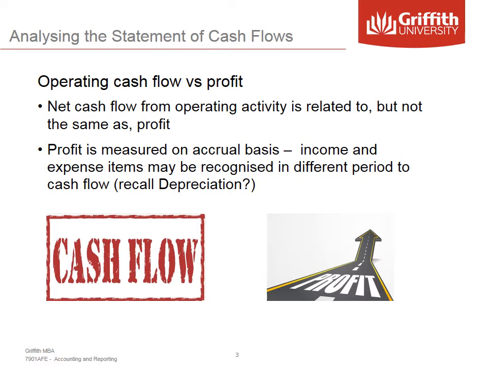So there's no cash flow associated with the expense depreciation. However, that expense does reduce profit, and that is an accrual basis of accounting. It's matching the expense of using the asset which we purchased some years earlier. And so we expect that the cash flow from operations will be different from the profit.